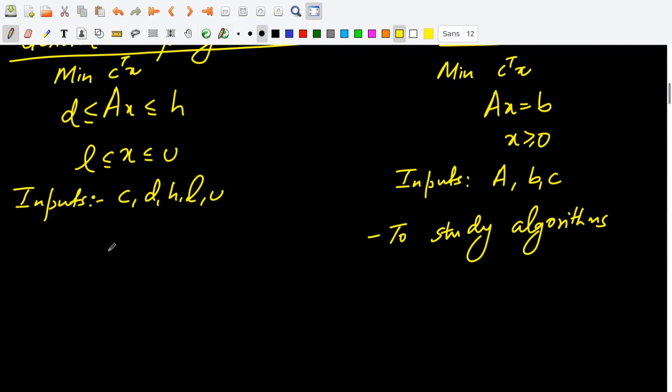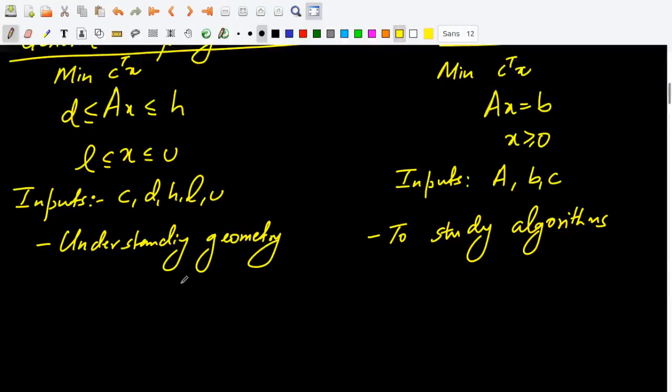and this inequality description is usually useful in understanding the geometry of how these methods work and what are certain properties of these optimization problems.